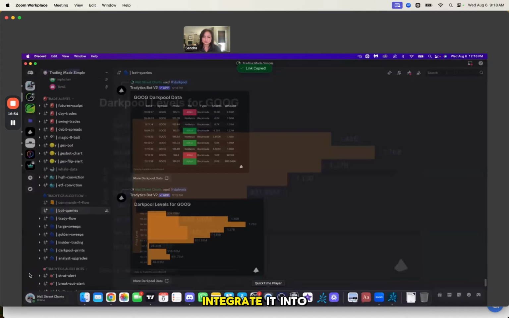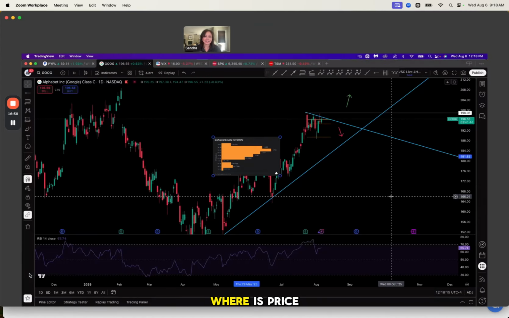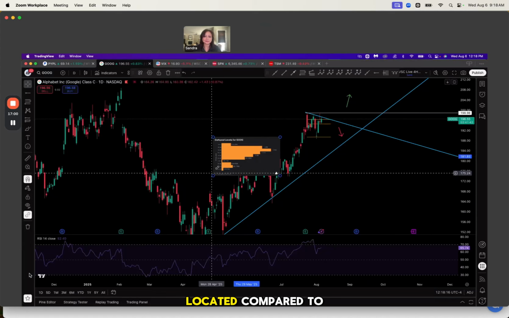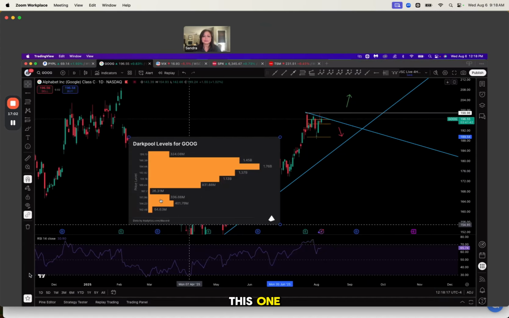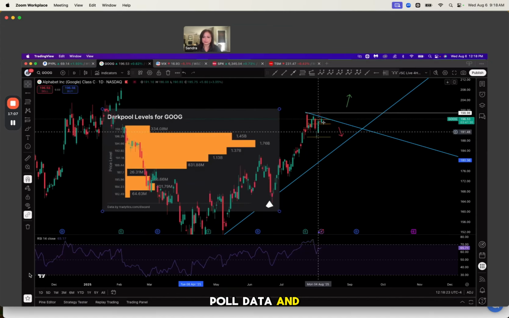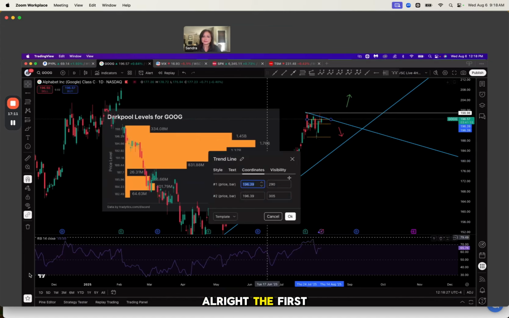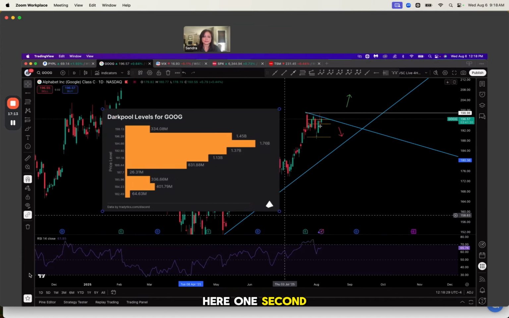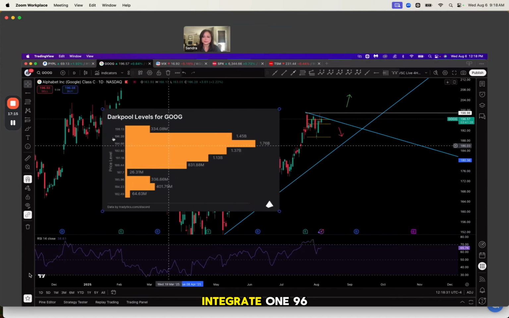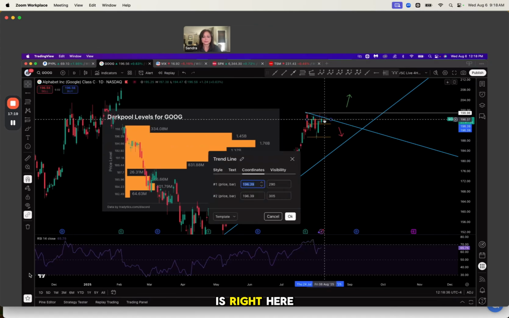Now let's integrate it into our chart and see where price is located compared to this. I paste here my dark pool data, and I will integrate the first one, 196.39, which is right here.